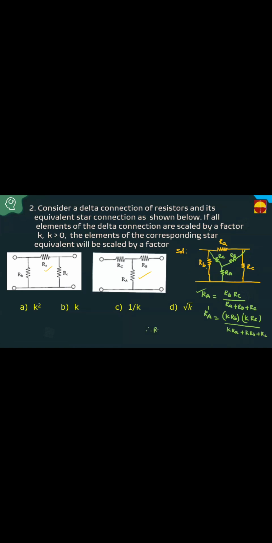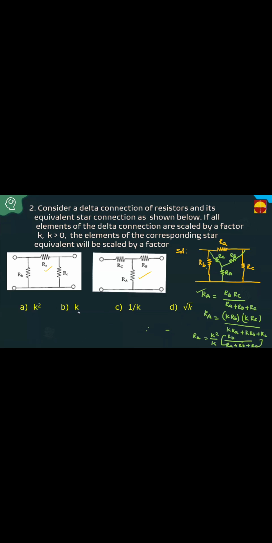Then what is RA dash? Let this be RA. So this is RA equal to k into k square by k. Take the k as common: RB into RC by RA plus RB plus RC. Every element is scaling by a factor of k.